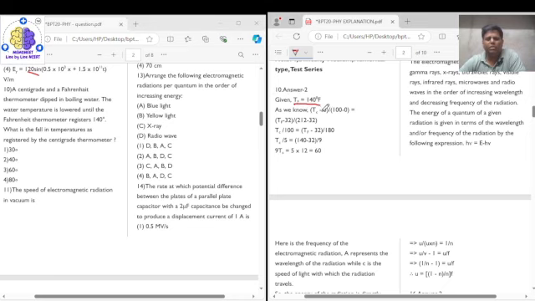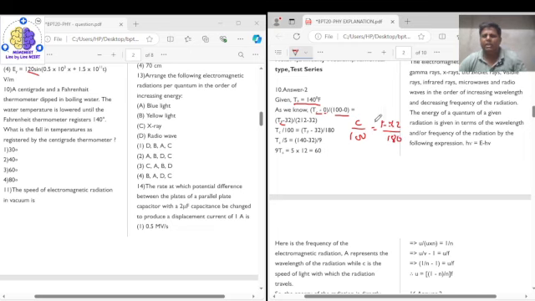So we know the formula: temperature in Celsius minus 0 upon 100 is equal to temperature in Fahrenheit minus 32 upon 180, right? That is, C upon 100 is equal to F minus 32 upon 180.